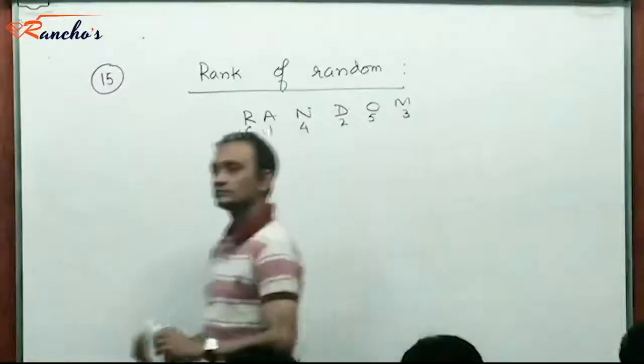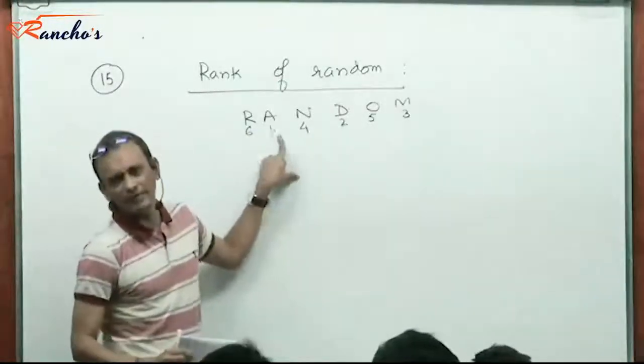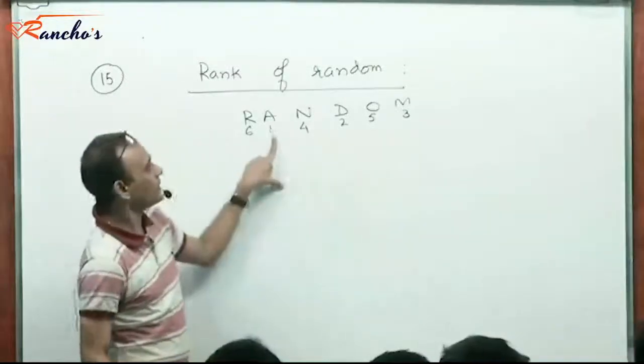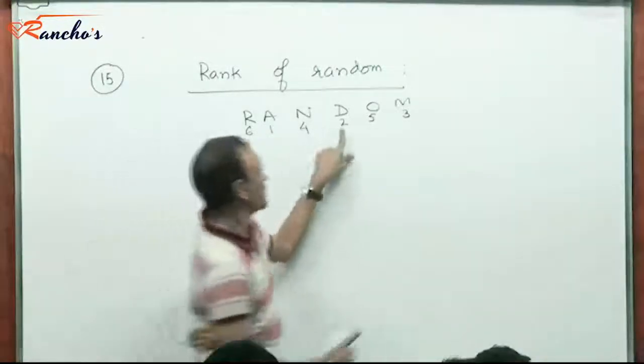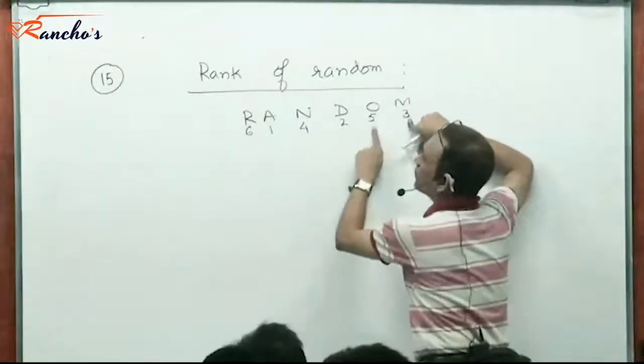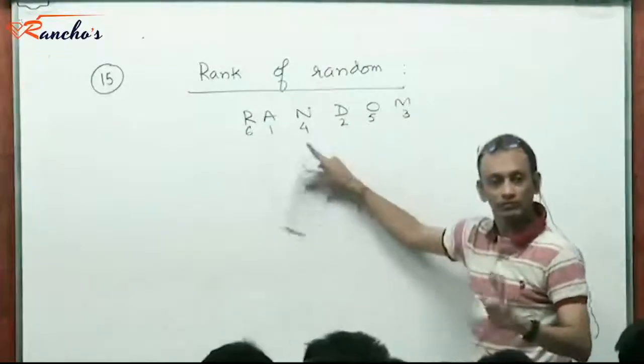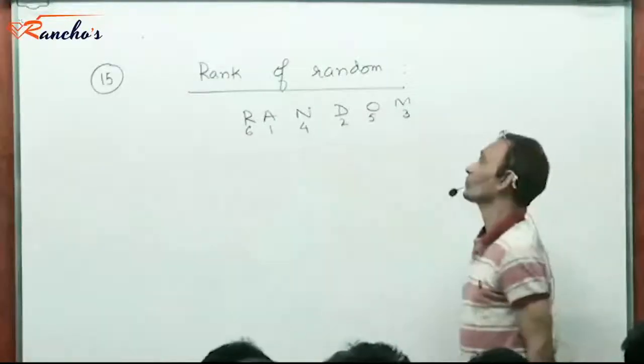First of all, rank the alphabets that appear. See, A comes first, and then D, and then M, N, O, R, right? Rank them in the order 1, 2, 3, 4 as is relevant, right?